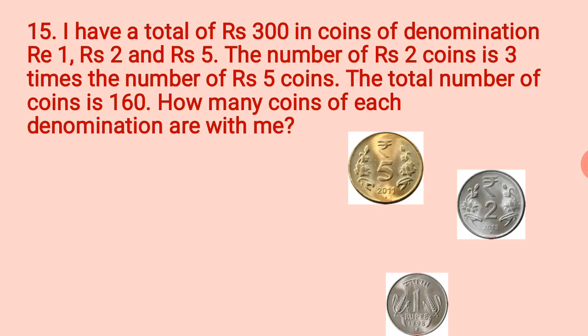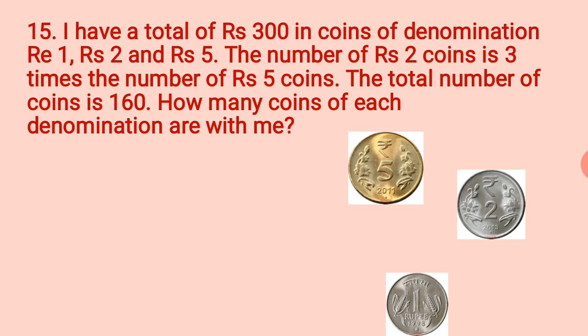This is again similar to the last example that we discussed just now. This is question number 15. I have a total of rupees 300 in coins of denomination rupee 1, rupee 2 and rupee 5. The number of rupee 2 coins is 3 times the number of rupee 5 coins.